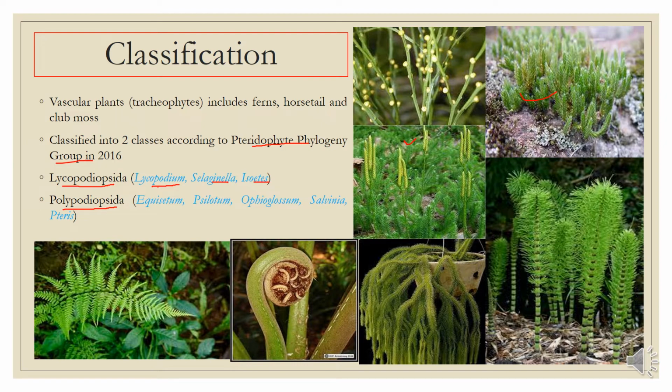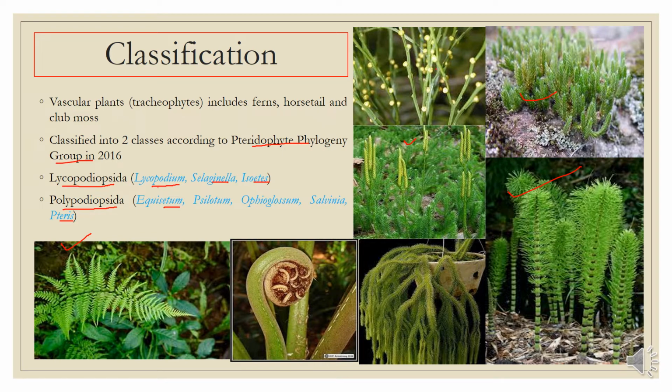And there is another class called Polypodiopsida. Polypodiopsida is a wide class. It includes ferns like Pteris and Salvinia, and it also contained Equisetum, Psilotum and Ophioglossum like plants.